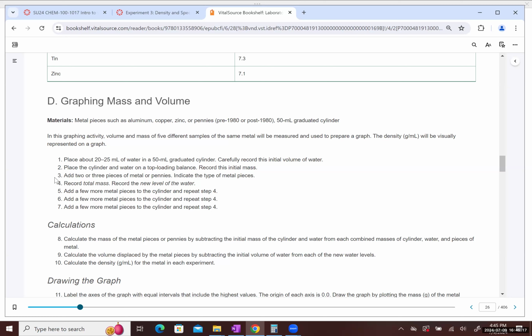We're then going to repeat this process of adding metal pieces, recording the new mass, and recording the new volume. We'll do this for in total the addition of 5 separate batches of metal pieces.